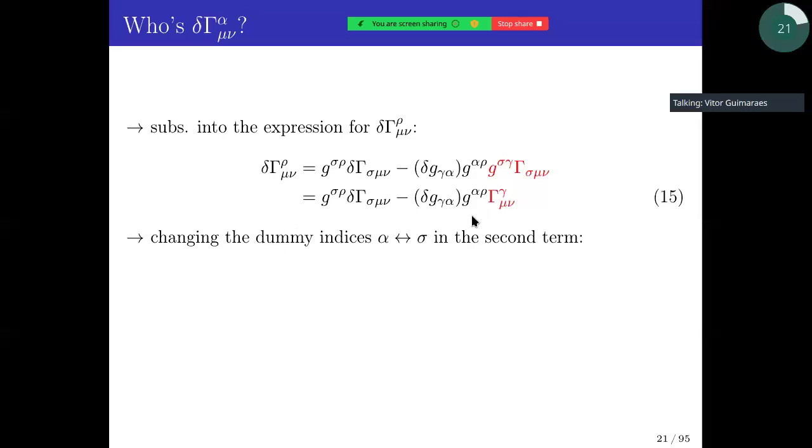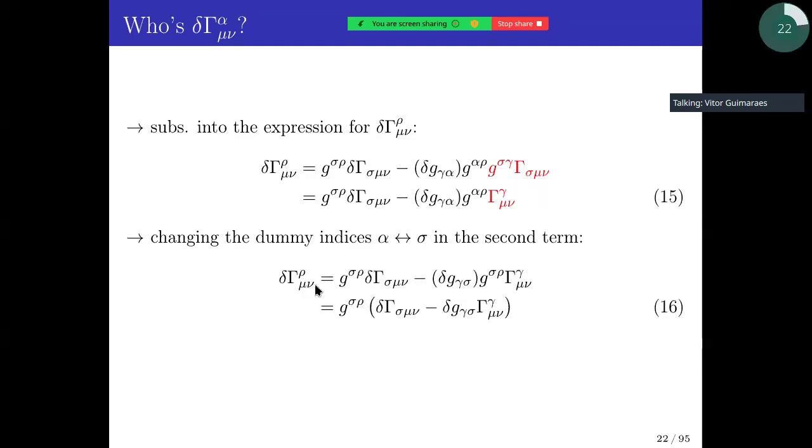Changing the dummy indices, alpha to sigma, which we can do because they are dummy indices, right? So here, what we're going to do is change this dummy index, alpha, and turn this into a sigma, in a way that we get this, okay?